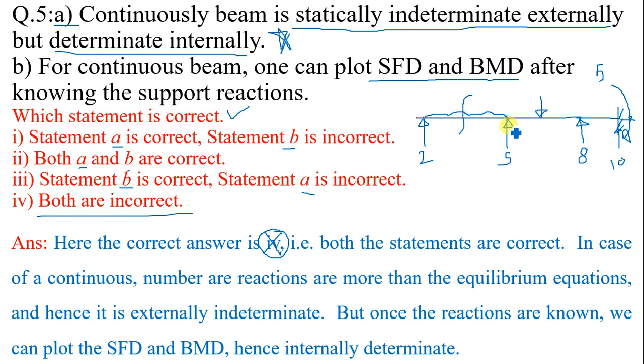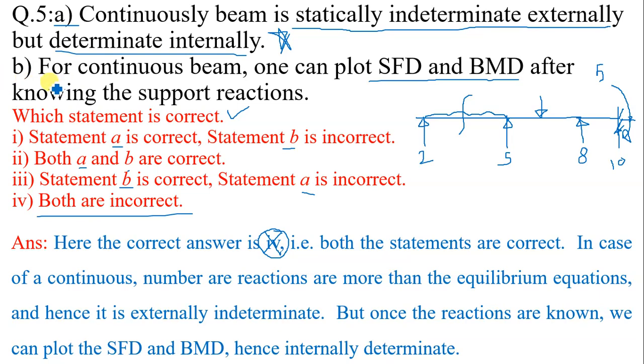It is internally determinate, while externally statically indeterminate, meaning we cannot calculate the reactions using conditions of equilibrium. But internally it is determinate because we can plot SFD and BMD. So the first statement is correct.